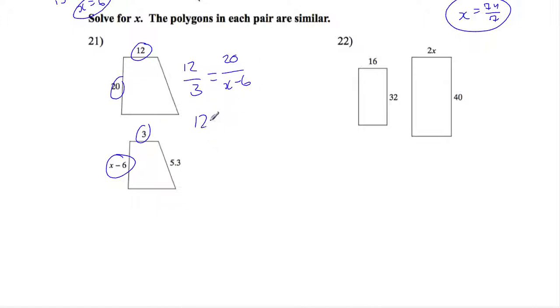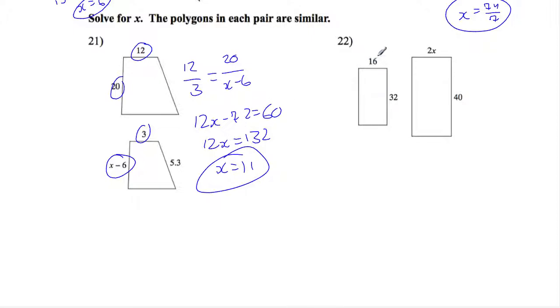And so we get 12x minus 72 equals 60. So 12x is equal to 132. So x is equal to 11. Sorry, 11, I was thinking about 6 from the other one. Nice.